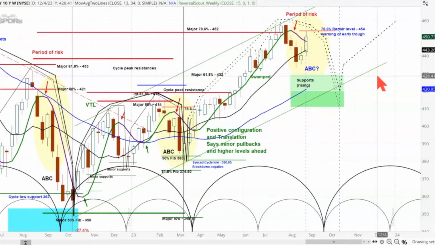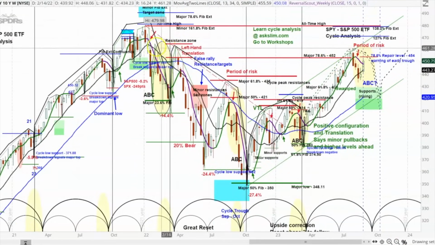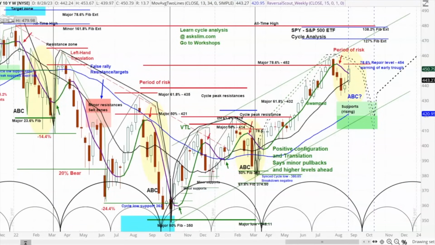Now, I want you to note the importance of the shape of what's going on right now. And that is, in the past, we've had these ABC corrections in these periods of risk. What does that look like? Well, right over here, you can see as it broke down in the period of risk, it then had a reversal back to the upside and then moved down again.